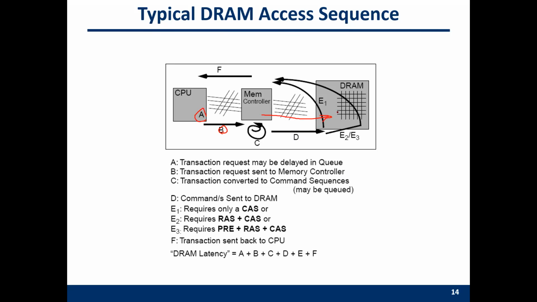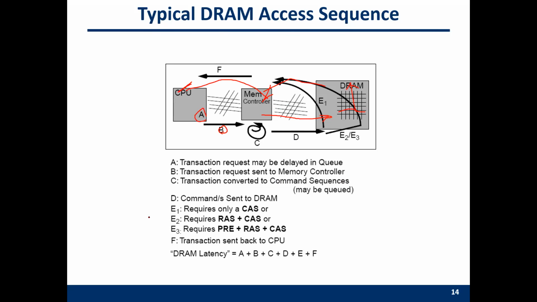So the DRAM can activate one row and send the entire row to the row buffer. And then the memory controller will send the column address strobe, which will select only a part of the row and fetch that small piece of data to the memory controller. And then the memory controller will return the data to the CPU.